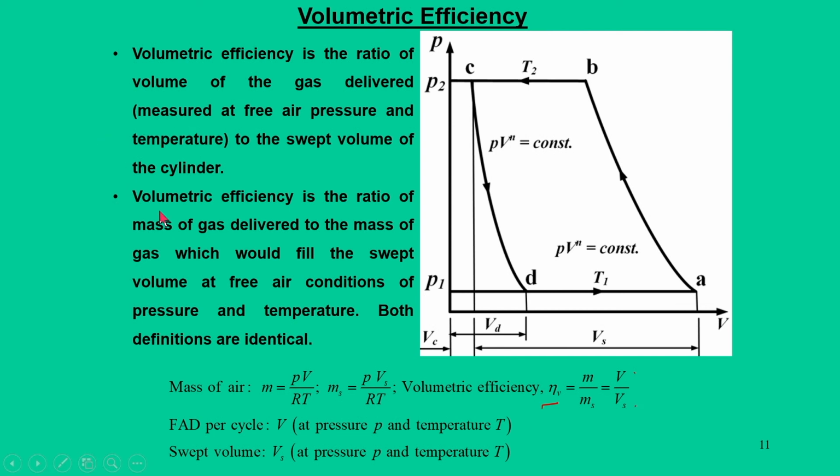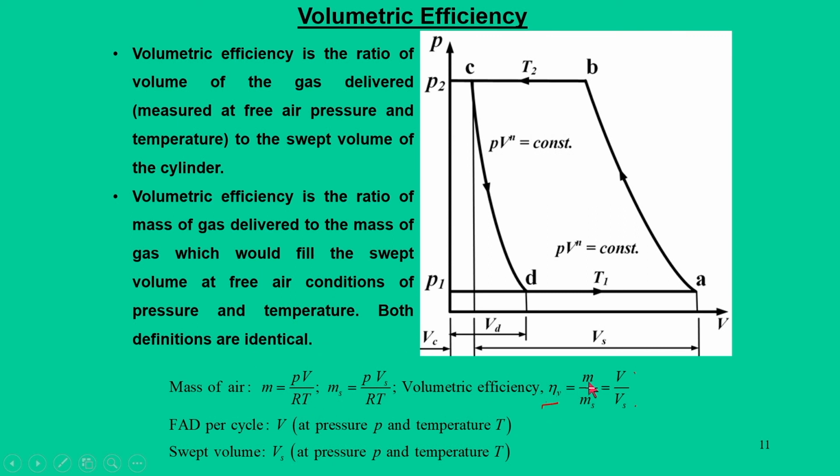The other expression we can also use is that volumetric efficiency is the ratio of the mass of gas delivered to the mass of gas that would fill the swept volume at free air conditions of pressure and temperature. So, the other expression is η_v equals m by ms. Now, we can see that both the expressions are identical. How?